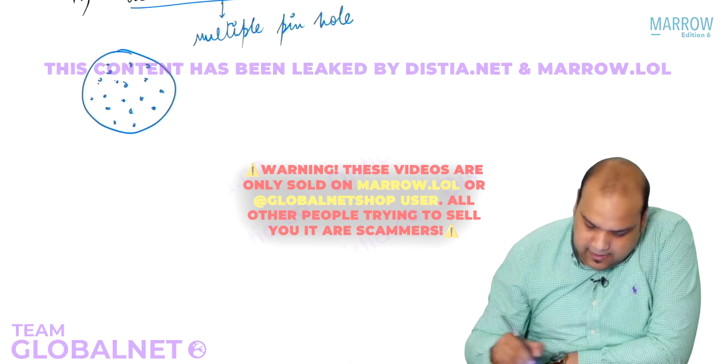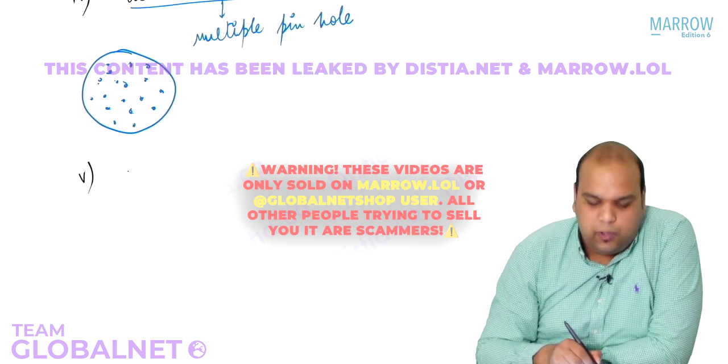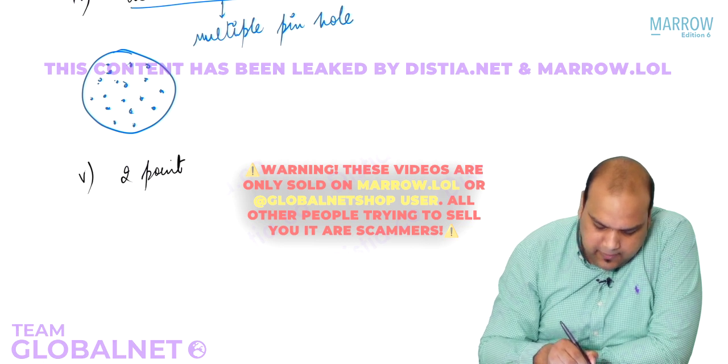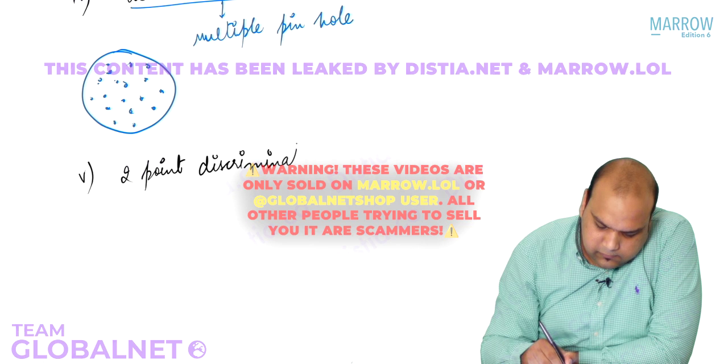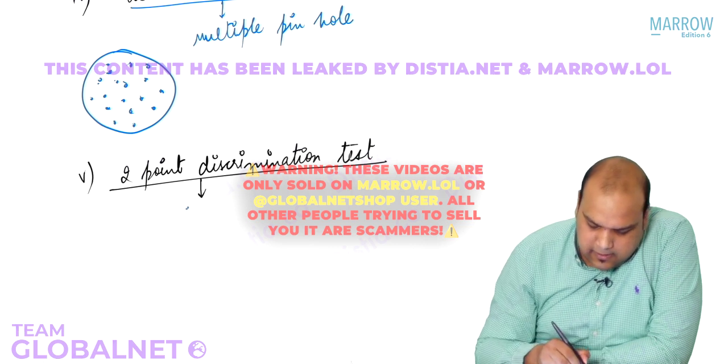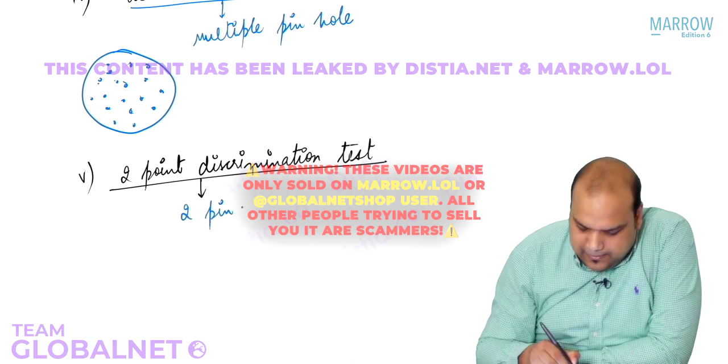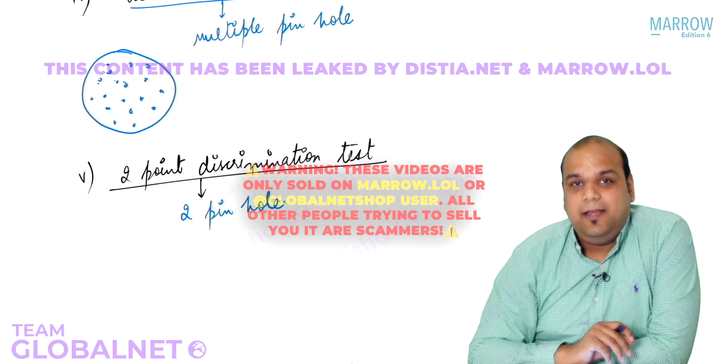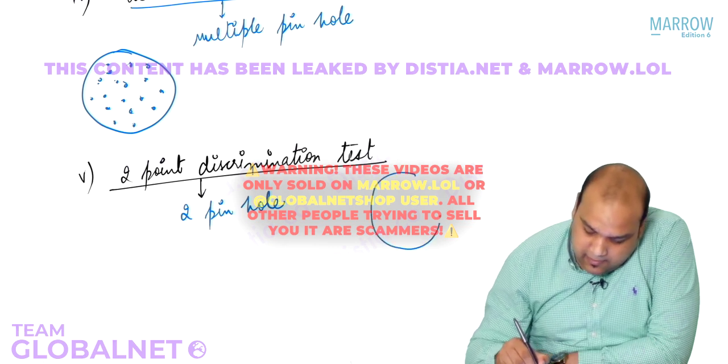Then lastly, it can be used for 2-point discrimination test. This uses a 2-pin hole instrument. A pinhole which has 2 holes in it.